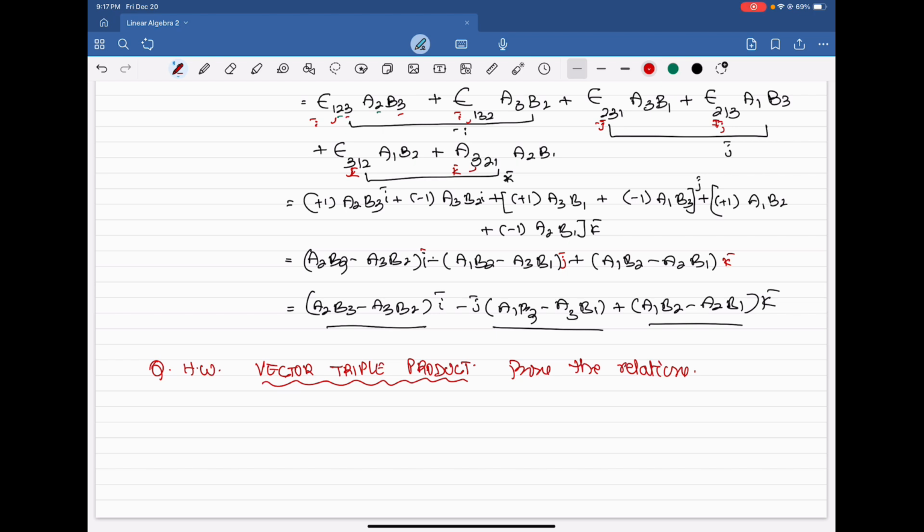Vector triple product. Find A cross B cross C. This is the question.